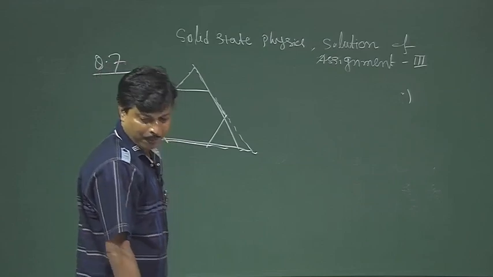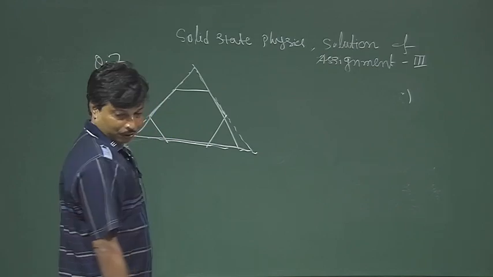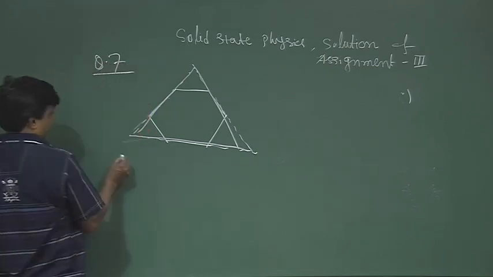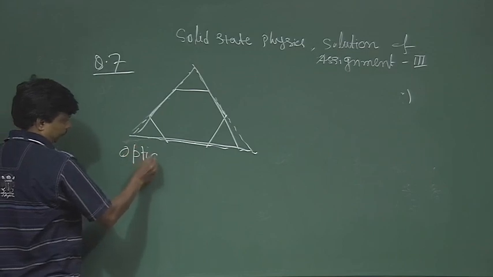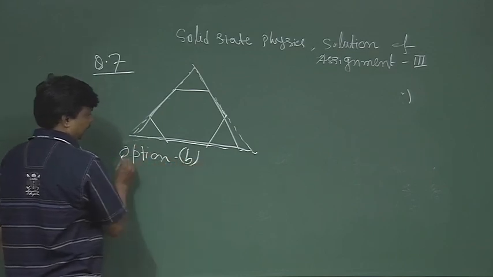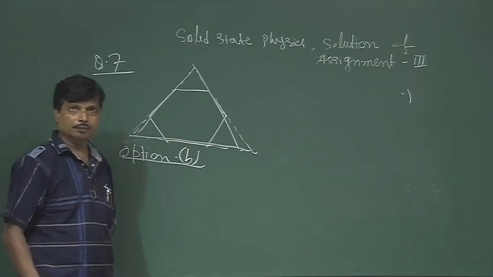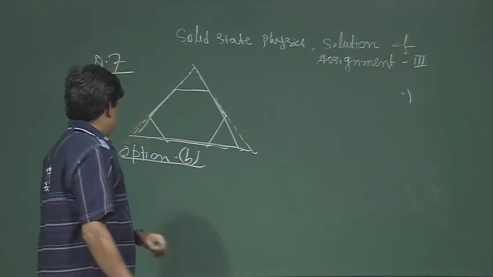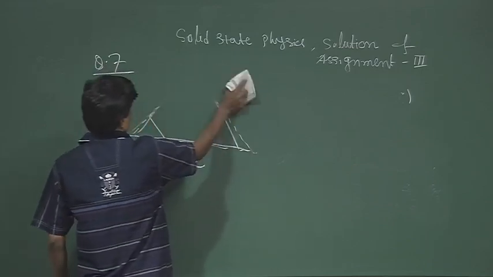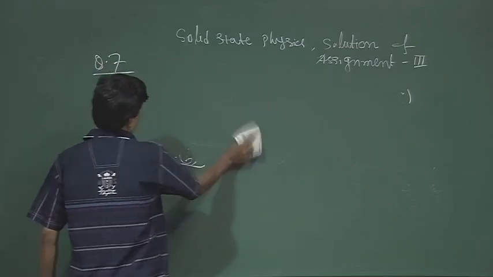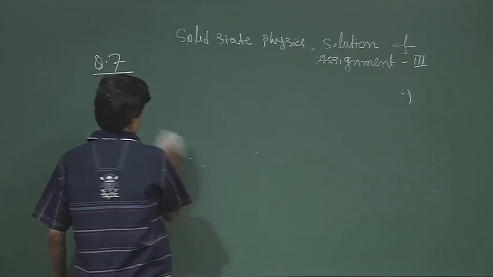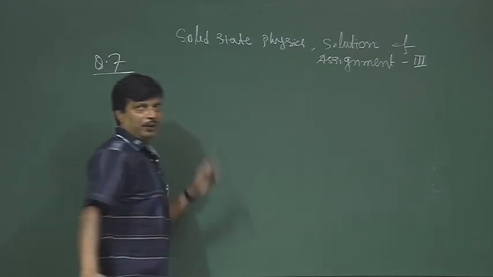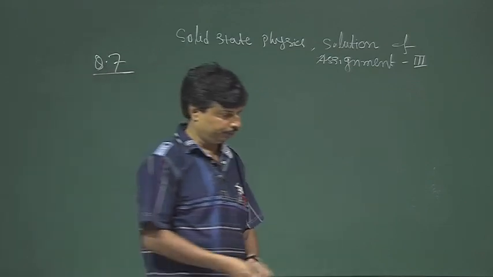So, option B will be the correct one. We discussed question number 7 and option B is correct. So, I hope it is clear. Actually, here we have removed some part of the triangle, that is why there may appear some confusion, but after this drawing is complete, I think there will be no doubt.